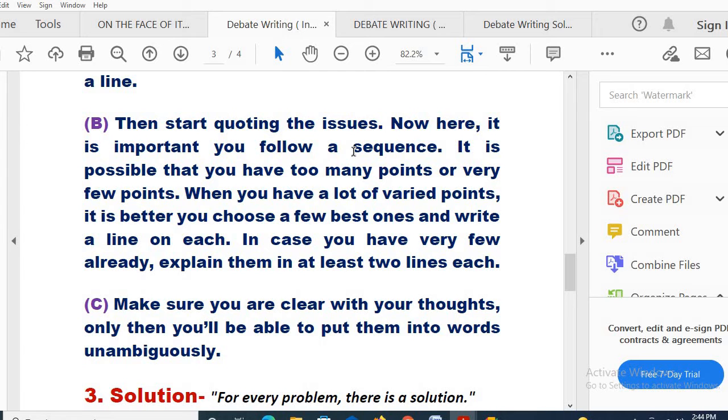That is the reason I advised you previously in note making also to make a rough draft. Here also I am advising the same thing: the last 2 pages of your answer sheet can be used for rough work, and there you can jot down the points in a proper sequence.